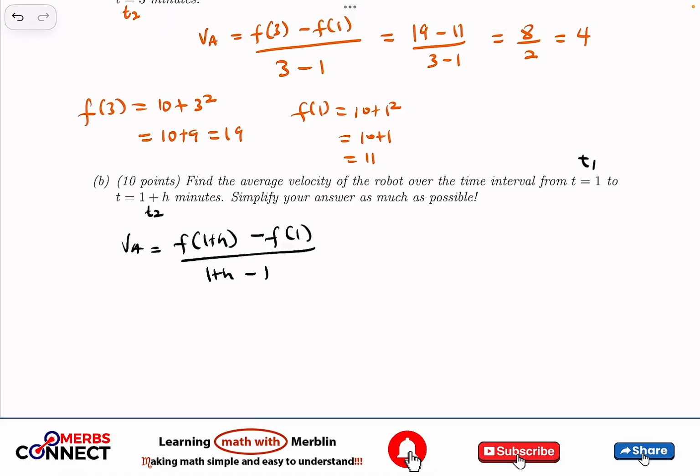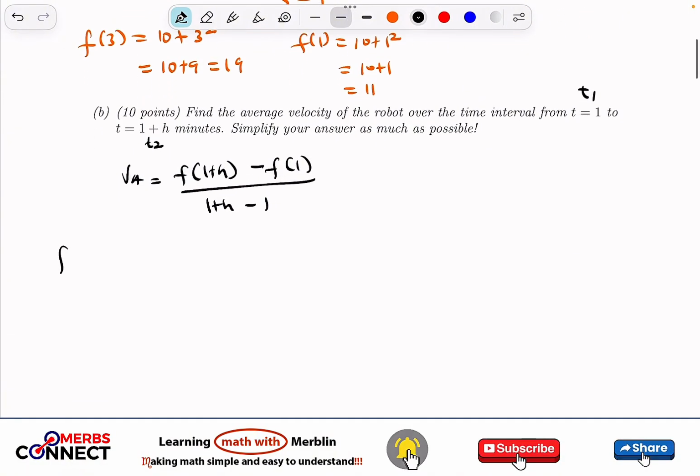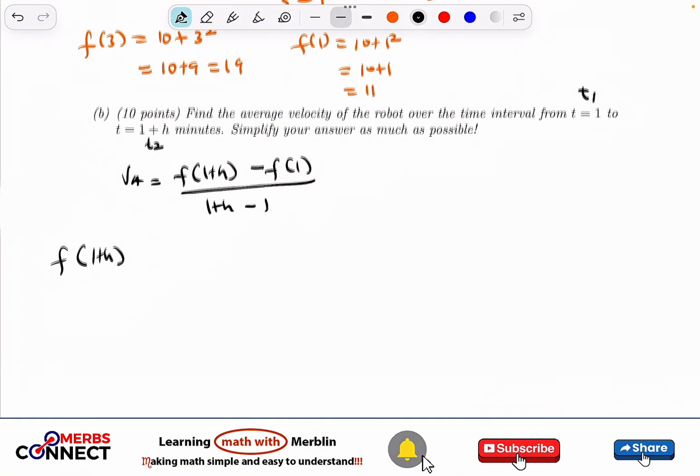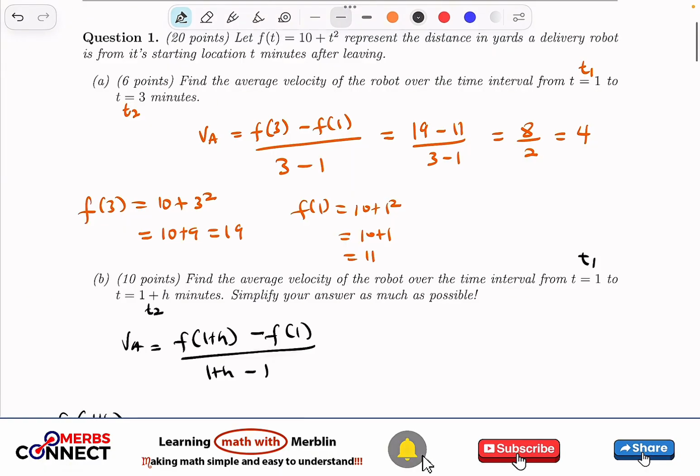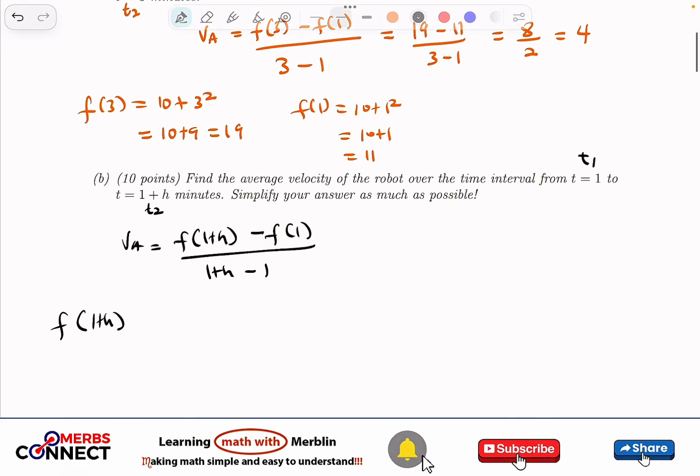So don't forget, what is here is what you are going to use here, and what is here is what's going to be here. Same idea, look for f of 1 plus h. Because we are using the same function, f of 1 is already evaluated. You just did, and we had 11. So we can just ignore that one and focus on this.